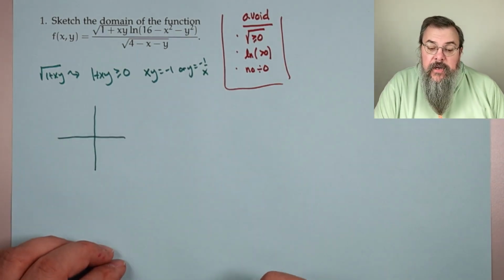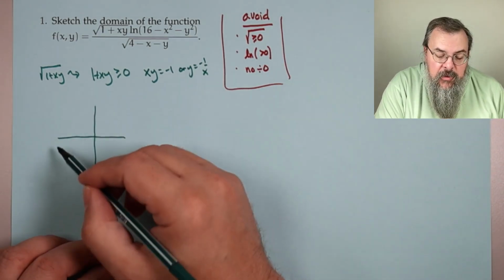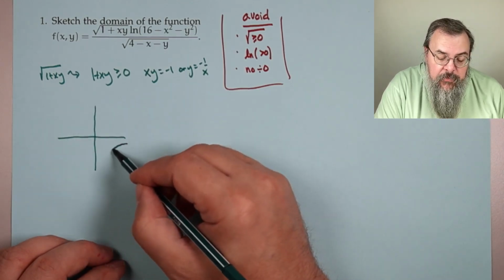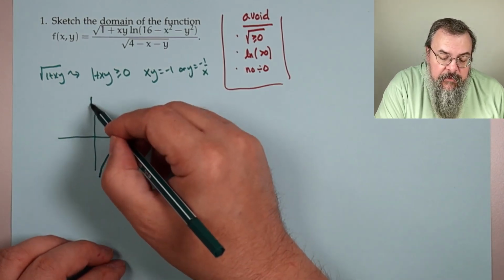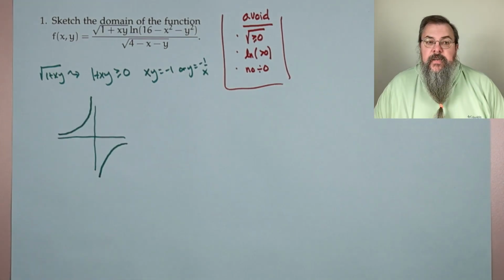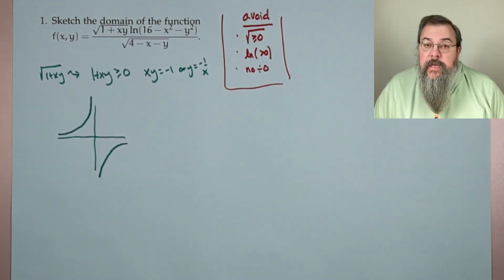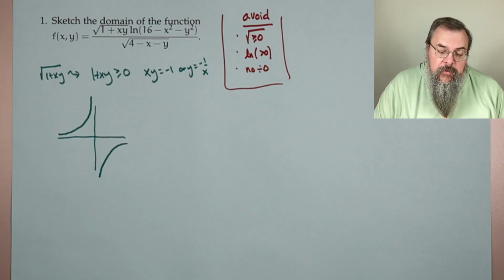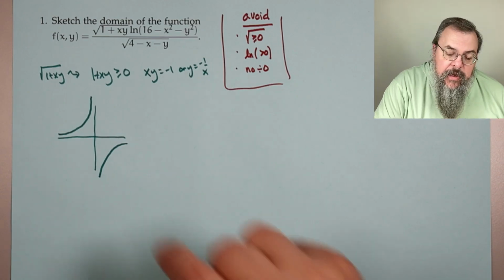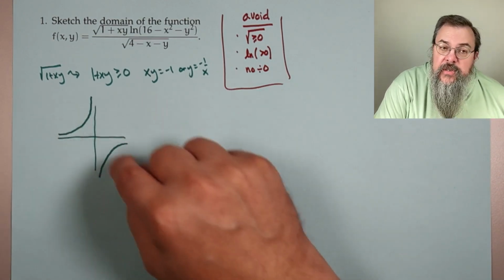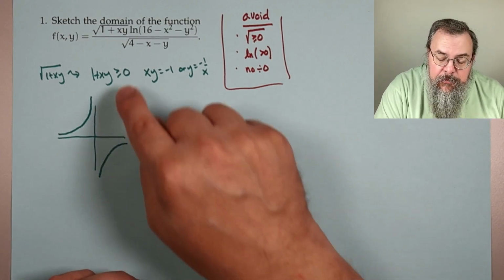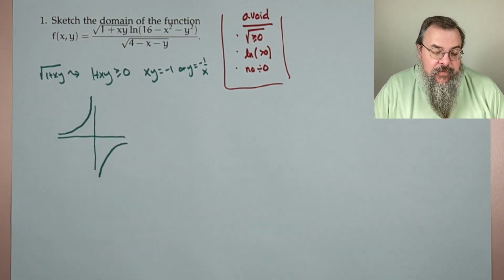Okay, so 1 over x would be that part, minus 1 over x flips it. So we have that. All right, now what do we need to be true? We need to have 1 plus xy be greater than or equal to 0. And I want to figure out which of these regions are going to be included. I drew it with a solid line because I do have an equality there.